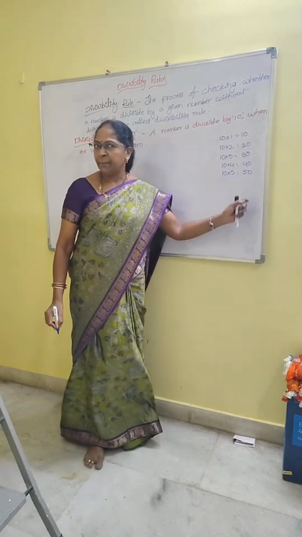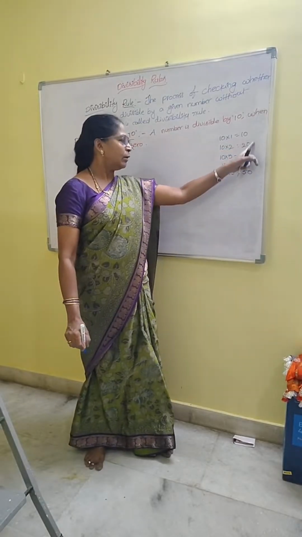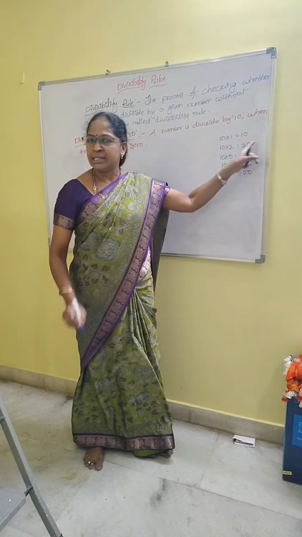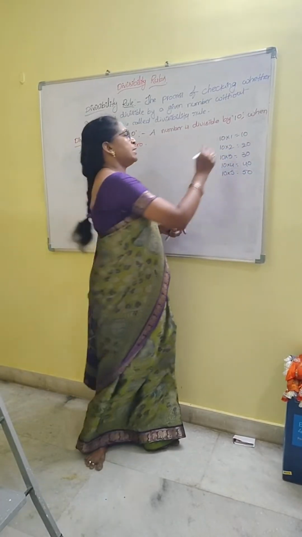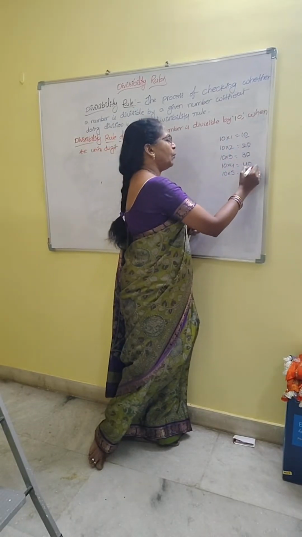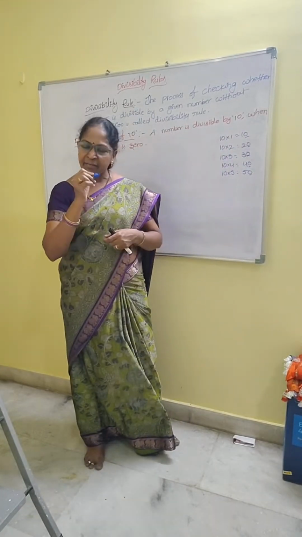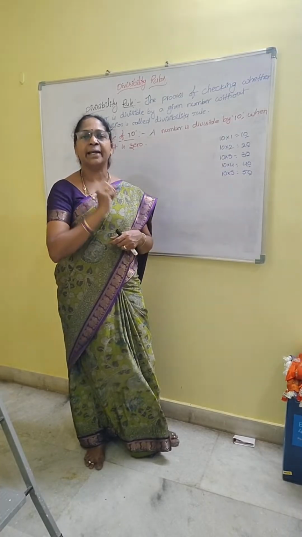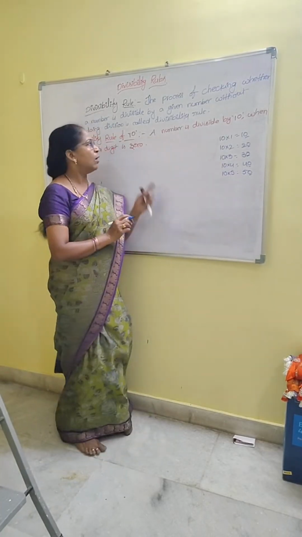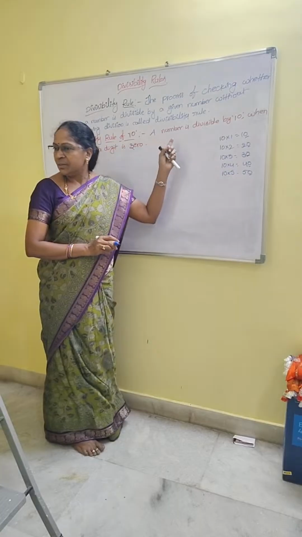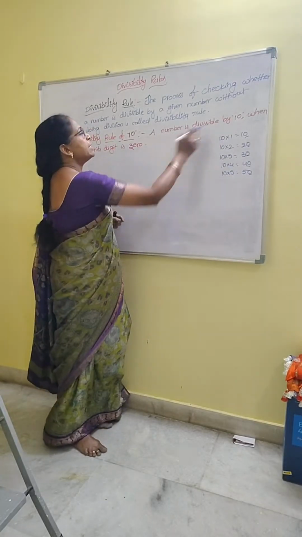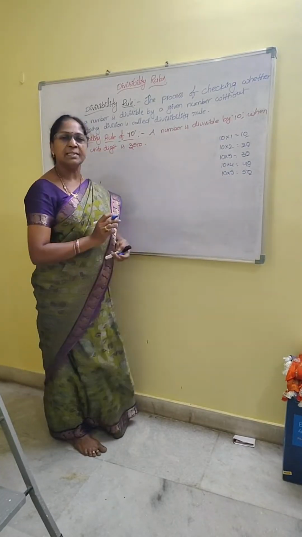That means if you take the multiples of 10, you are getting 0 at the unit digit. That means if the unit digit is 0, then the given number is divisible by 10. That is the divisibility rule of 10.